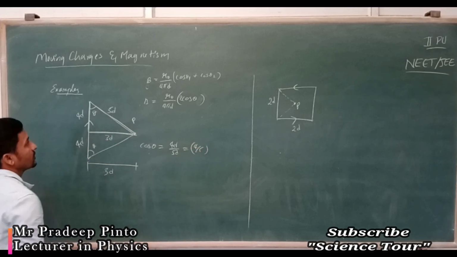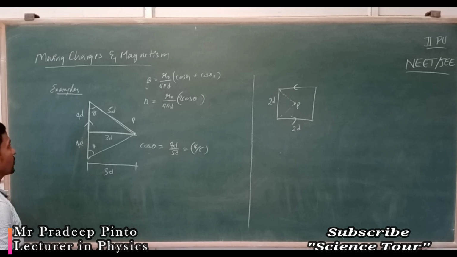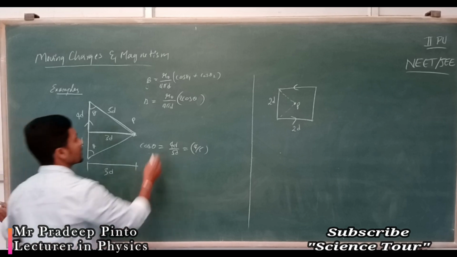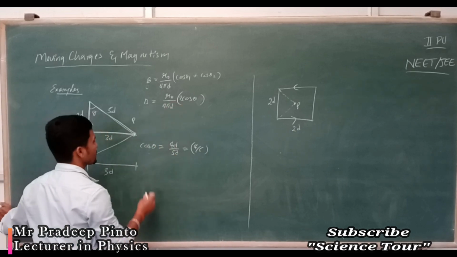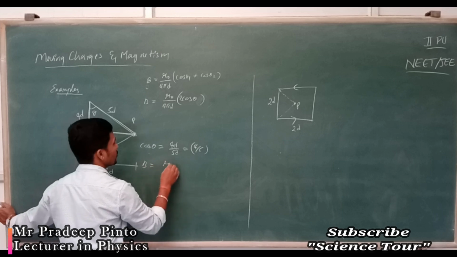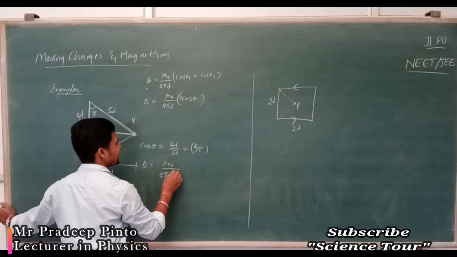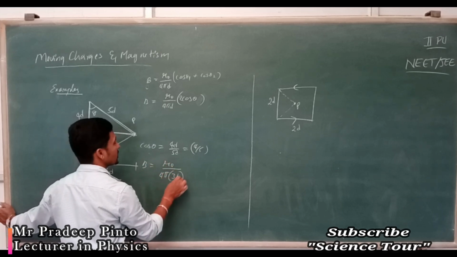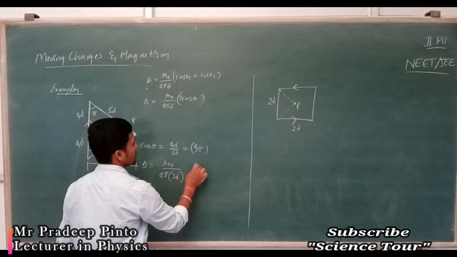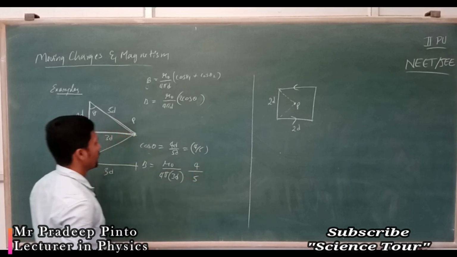Then what is the value of d? Here d is no longer d, it is 3d. So B equals mu naught divided by 4 pi, into 3d, into 2 cos theta, which is 2 into 4 by 5.